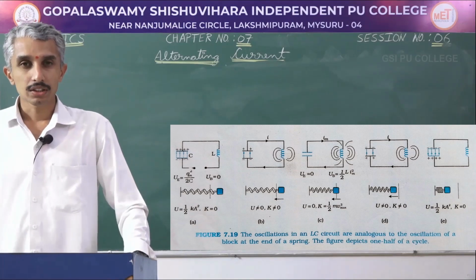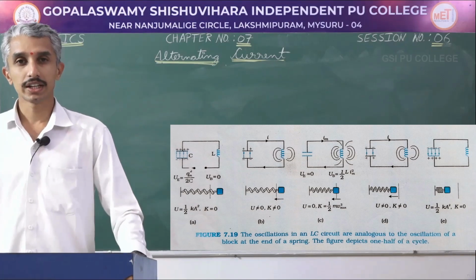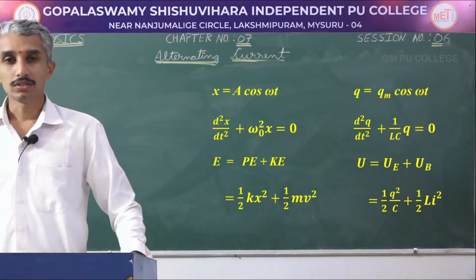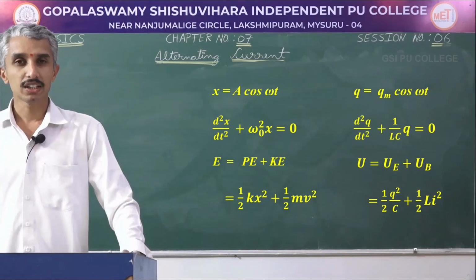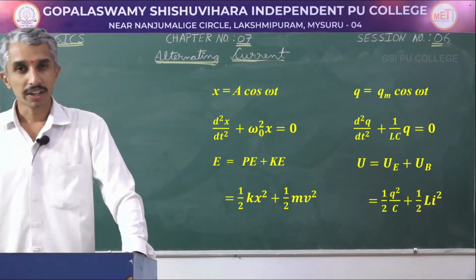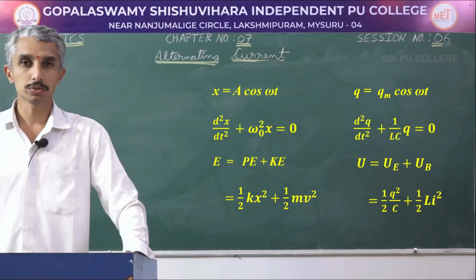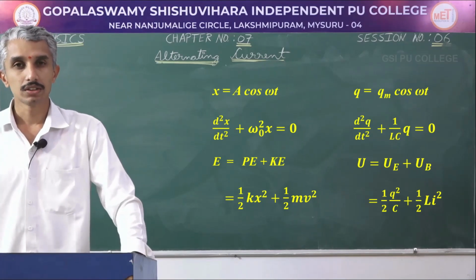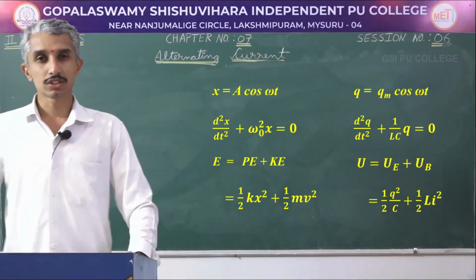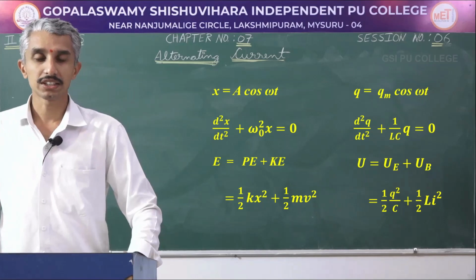Now, let us make a table of analogies between the mechanical oscillations and the electrical oscillations. Here, you have the equations for mechanical oscillations as well as electrical oscillations. In the mechanical oscillations, the displacement of the object is given by x is equal to a cos omega t. In electrical oscillations, the charge on the capacitor is given by q is equal to q maximum into cos omega t.